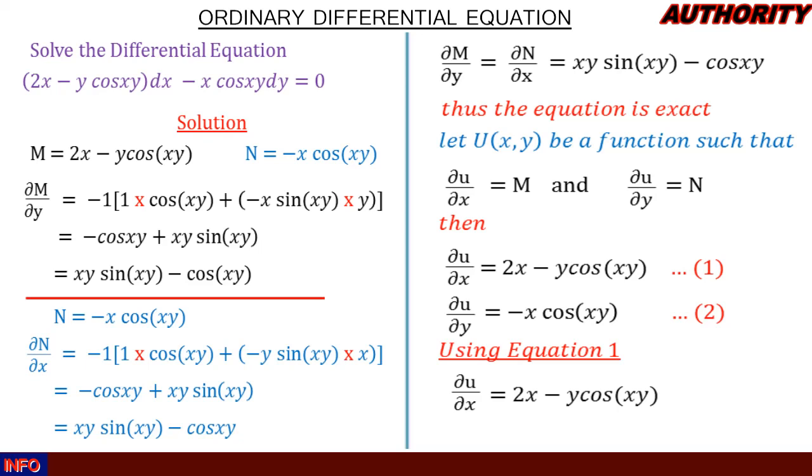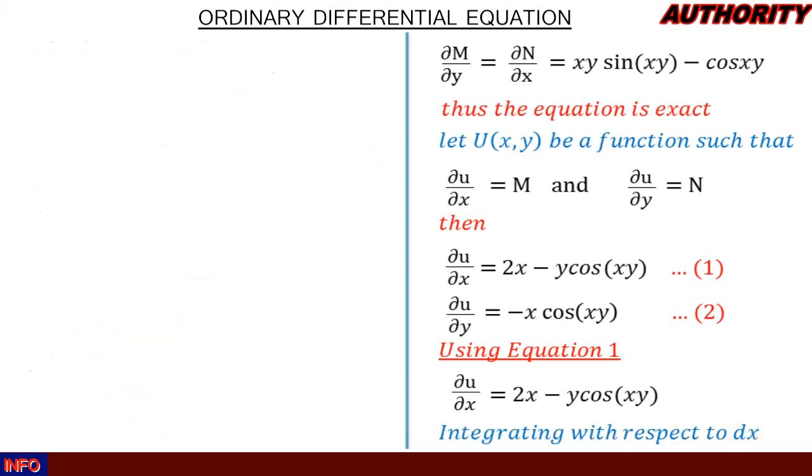Okay, we are looking for u itself, but here we have the partial derivative of this u with respect to x. So what we are going to do is we remove this derivative to get our what? Our u is in derivative form. And then for us to remove this derivative form, we integrate. So that means we are going to integrate with respect to x in order to remove the what? The derivative.